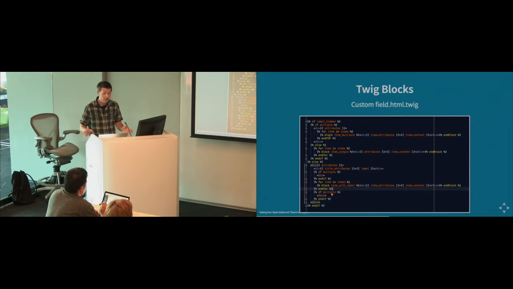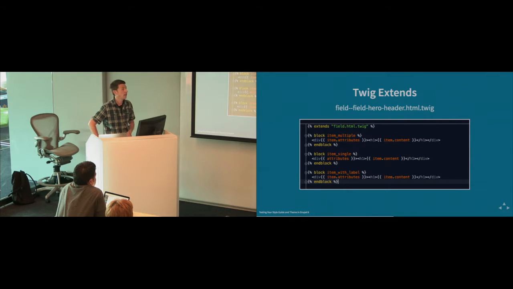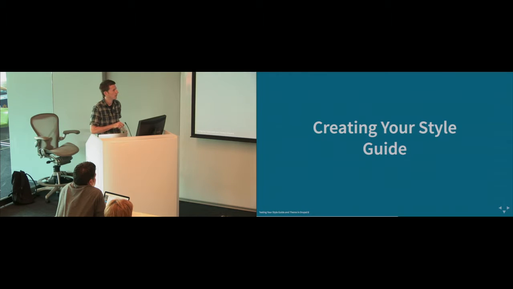You define the blocks in that field.html.twig that becomes the field.html.twig that your theme uses. Then if we wanted to create a specific field template that just wraps the content in H1s, we would say that we're extending field.html.twig, and then we just redefine the things that we want to change. We redefine the blocks, wrap them in H1s, and you're done. There's a bunch of different variations on that that I think can be used to help you reuse things a little bit better and repeat yourself less, which is awesome.